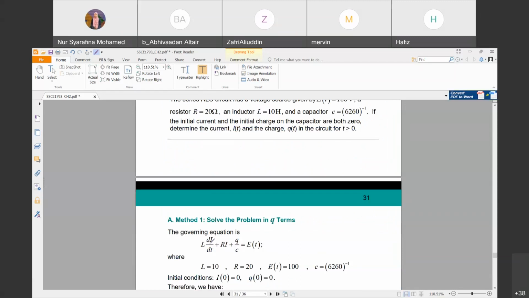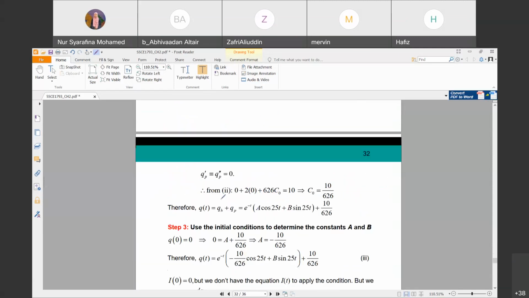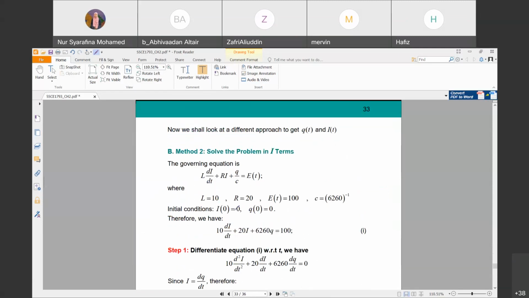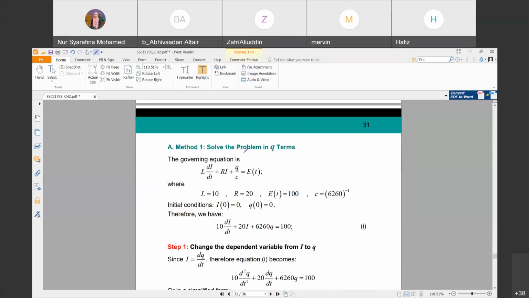So we have two methods: solve in terms of Q or solve in terms of I. Let's discuss this together. This is your RLC circuit. You have the problem with L equals 10, R equals 20, E(t) equals 100, C equals 1/6260, and the initial condition is given: at time 0, I is 0 and Q is 0.